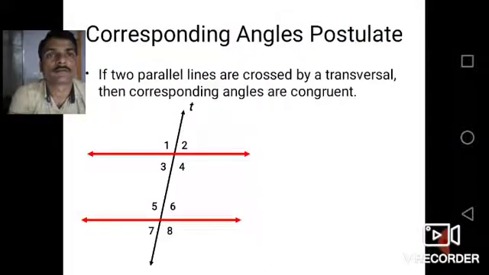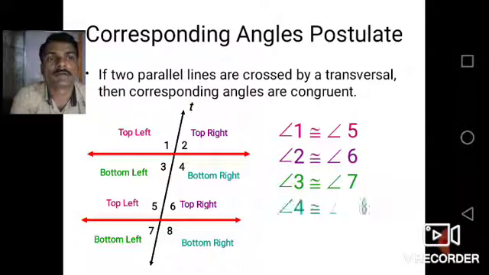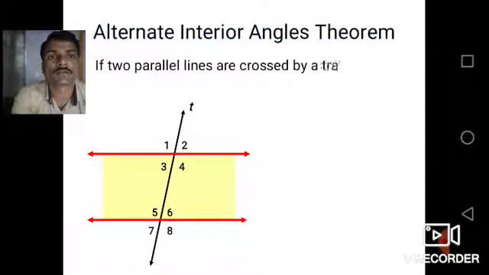Let's see the corresponding angles postulate. If two parallel lines are crossed by a transversal, the corresponding angles are congruent. All these pairs of corresponding angles are congruent.